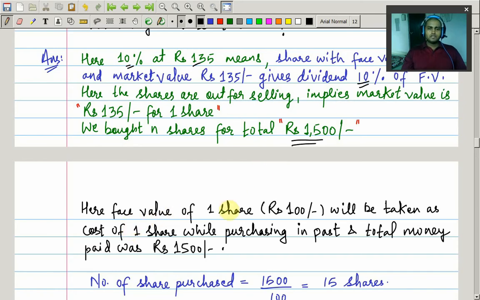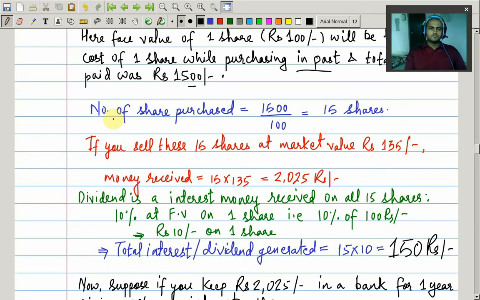Here the face value of one share, 100, will be taken as the cost of one share while purchasing in the past, and the total money paid was 1500. So the number of shares purchased is 1500 divided by the cost of one share. So I had bought 15 shares.